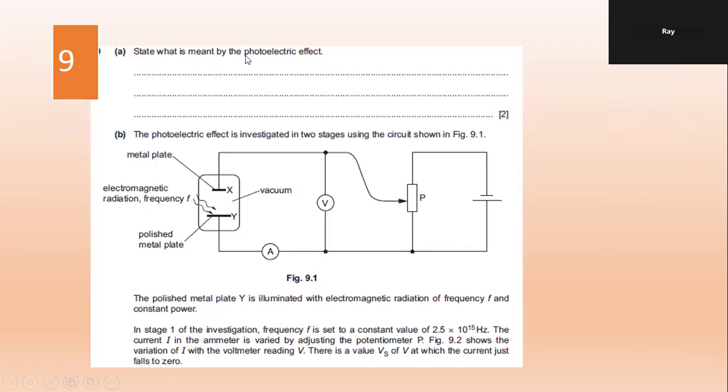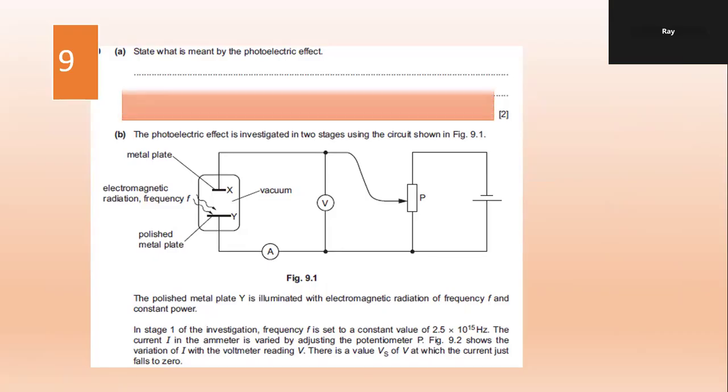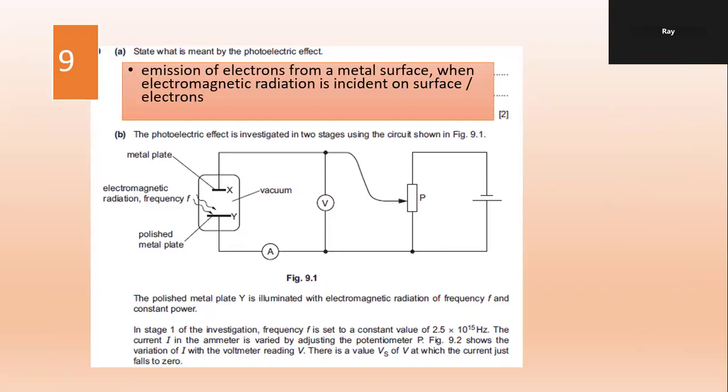Okay, what is meant by the photoelectric effect? Can you remember without looking at your answer? Emission of electrons from a metal surface. Emission from the metal surface when the radiation is greater than the threshold frequency.